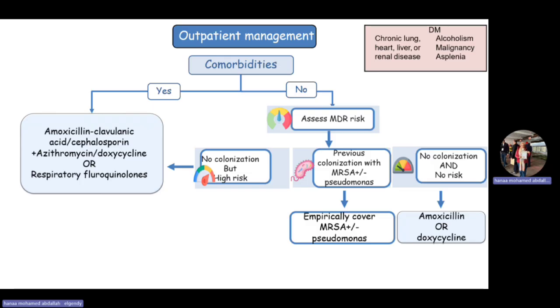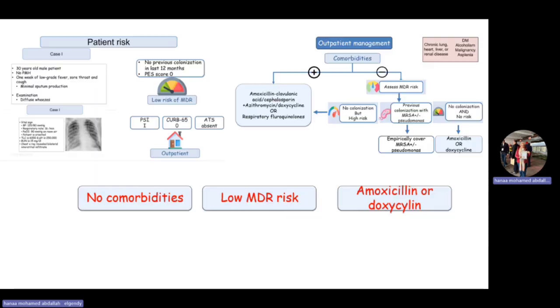But if there is no colonization and no risk at all, and the patient has no comorbidities, we should go for only amoxicillin, or augmentin with clavulanic acid, or clarithromycin, doxycycline. But keep in mind that doxycycline has a loading dose of 200 for the first dose, then 100 milligrams every 12 hours, and we should keep in mind hepatic patients.